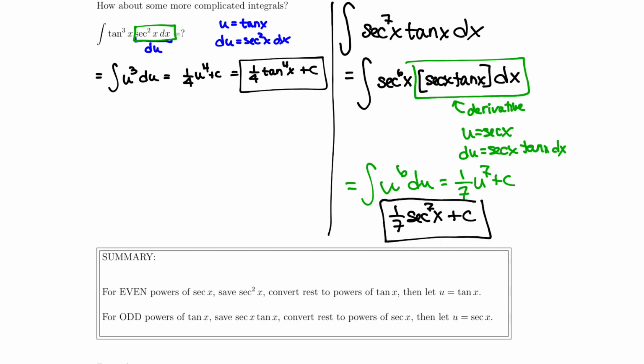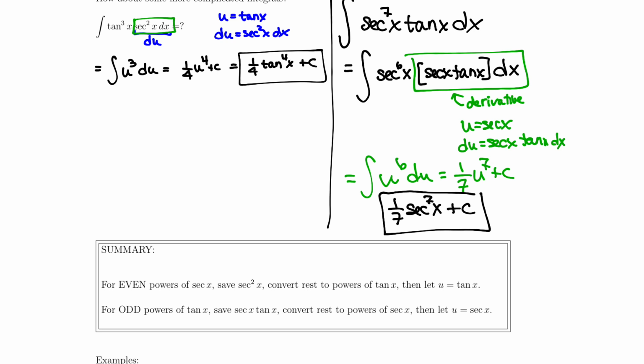Perfect. Nice. You can treat tangents and secants like the sines and cosines, but when you pull something out to use a u substitution, you're going to look for secant squared, turn the rest into tangents, or secant tangent, turn the rest into secants, okay?